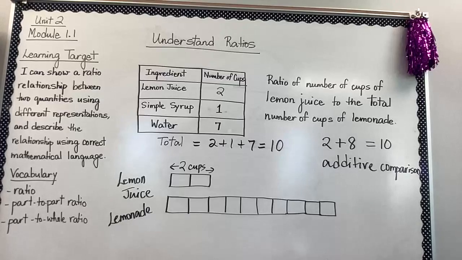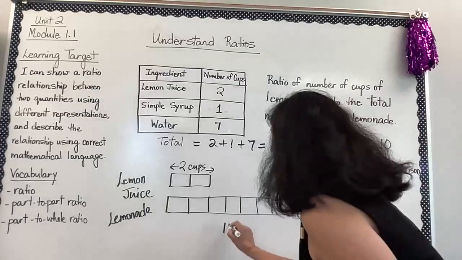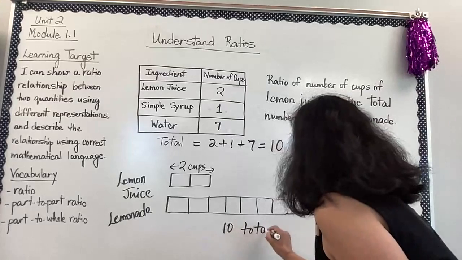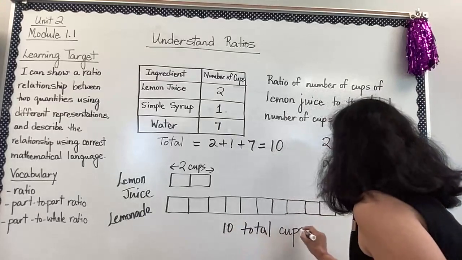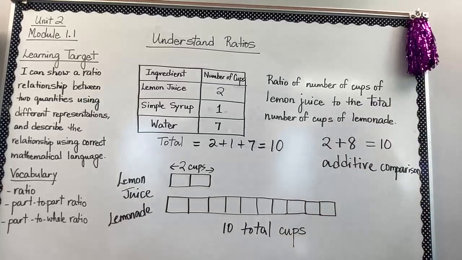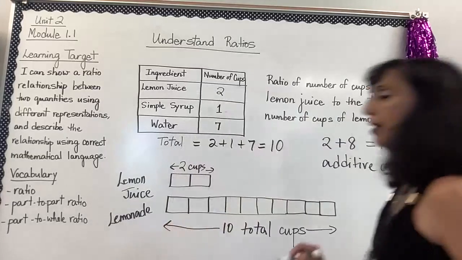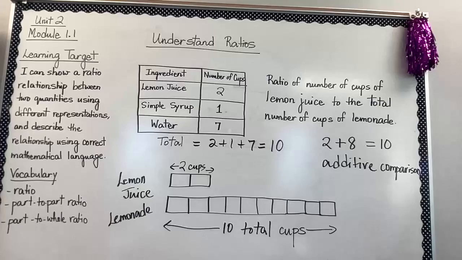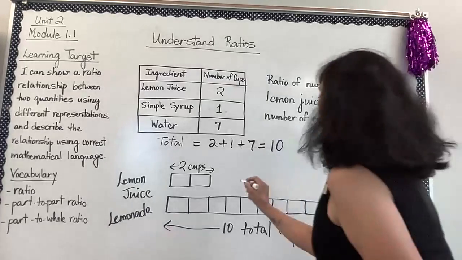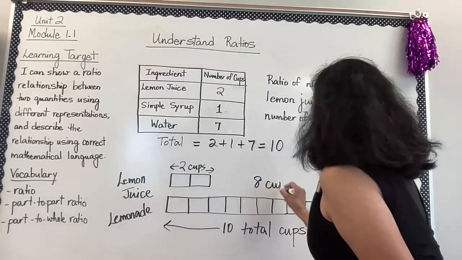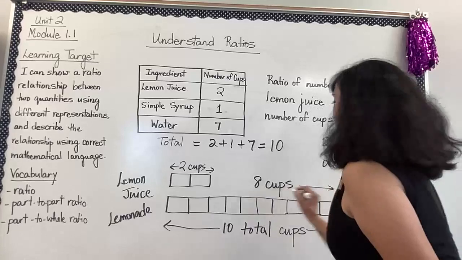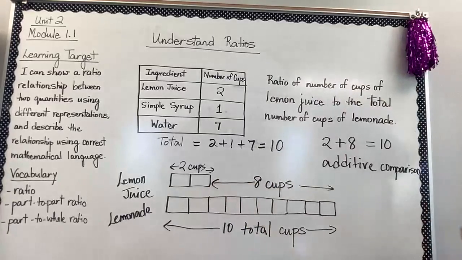So this is 10 total cups of lemonade. Okay? And then I'm looking at how many more cups of lemonade than lemon juice I have. So if I look at this portion, this is 8 cups more. Okay? So that is why this is called an additive comparison.